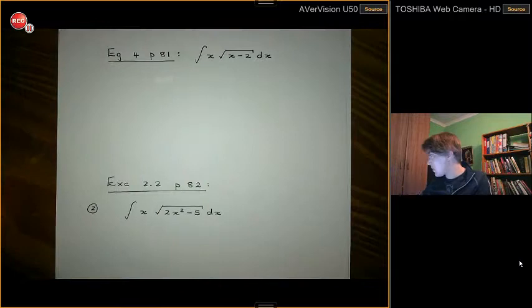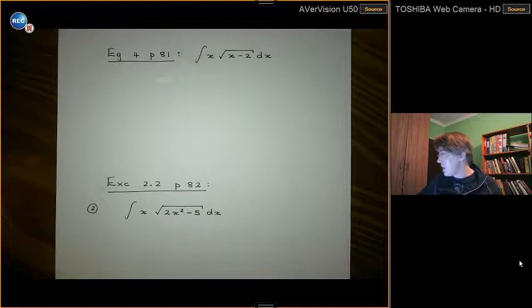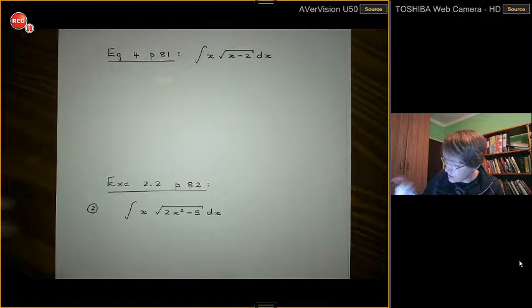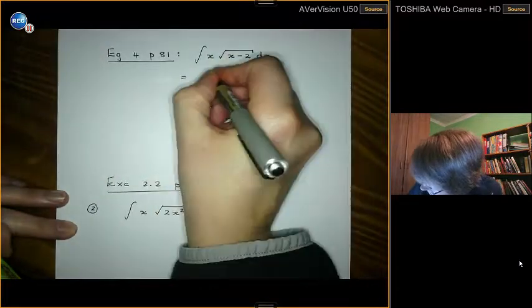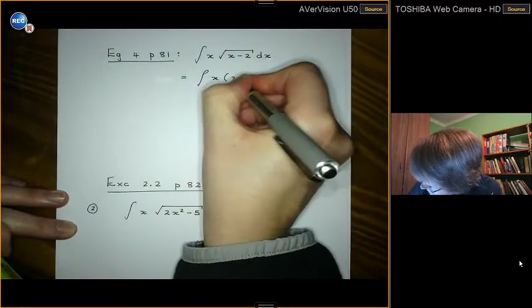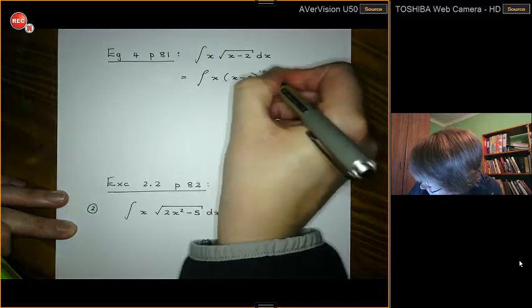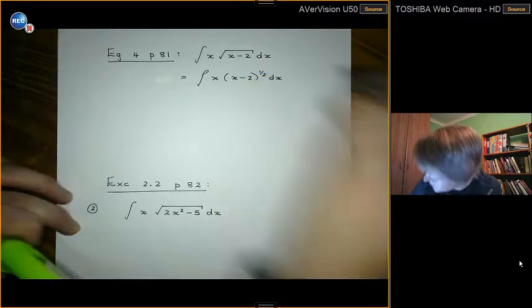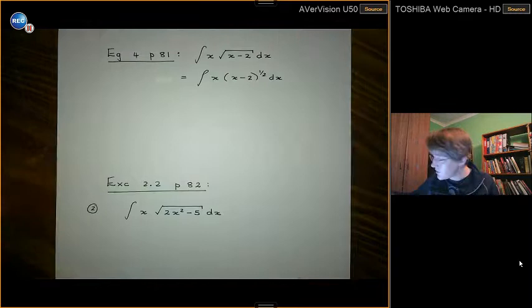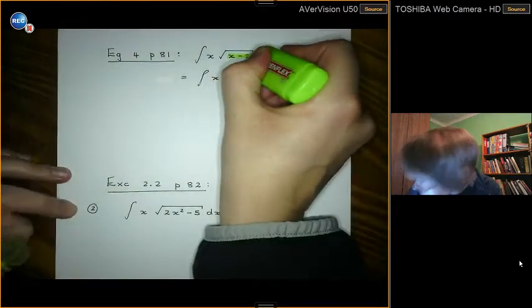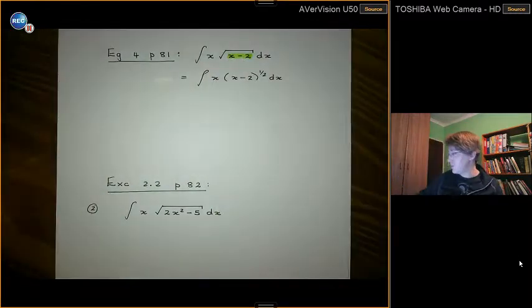Okay, right. Let me quickly explain to you why reverse chain rule will not work over here. First things first, if you look at the inside function over there, the inside function of that compound function is x minus 2.